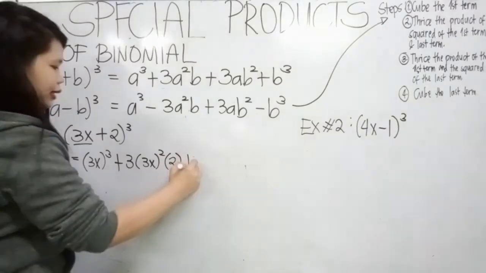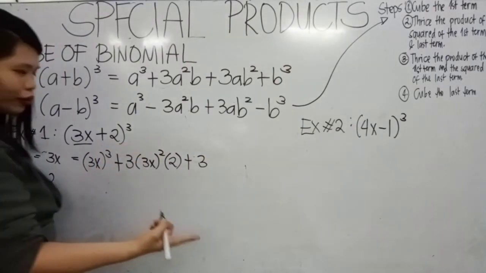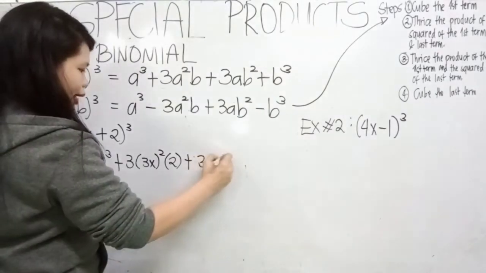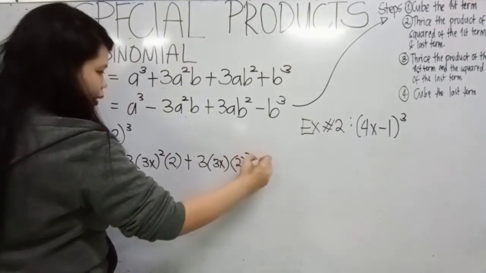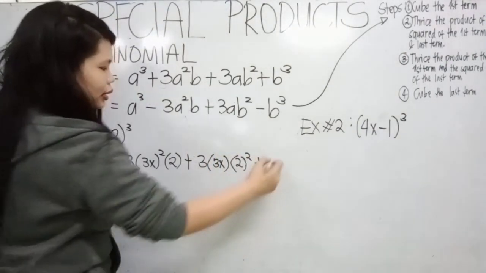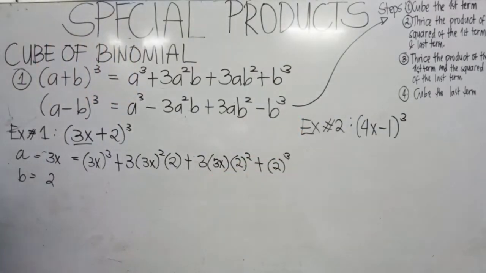Next, plus 3 ulit po, thrice, this time naman, si b naman yung i-raise natin, multiply by a and the squared of b. And lastly, but not the least, the cube of b.